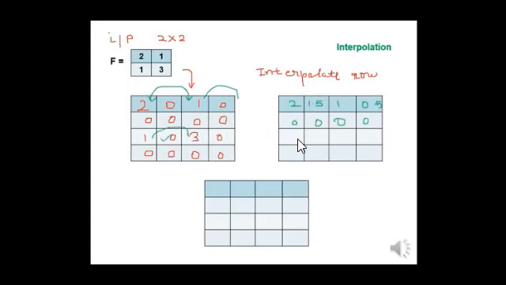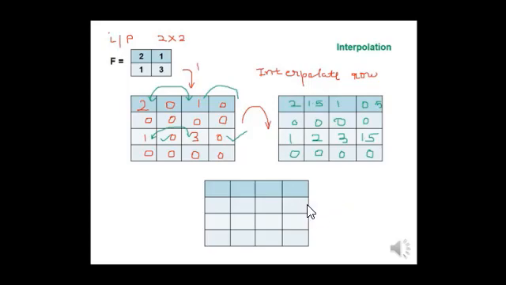So we will write in the third row 1 2 3, and here we will write 1.5, because 3 plus 0 is 3, divided by 2 it is 1.5. In the fourth row we will keep it as it is. So now we have done row wise interpolation.